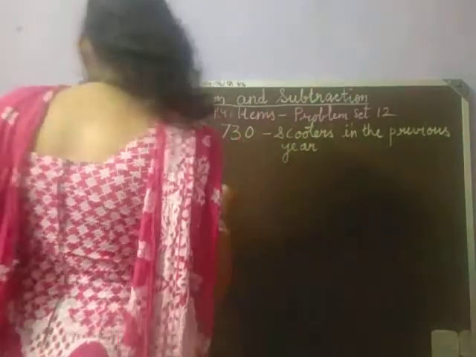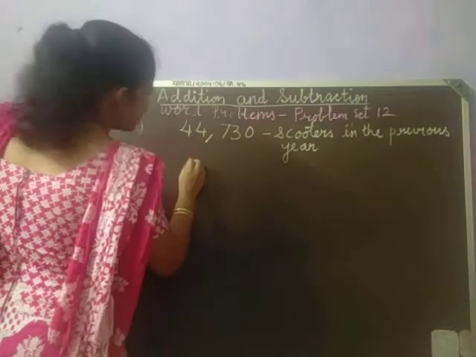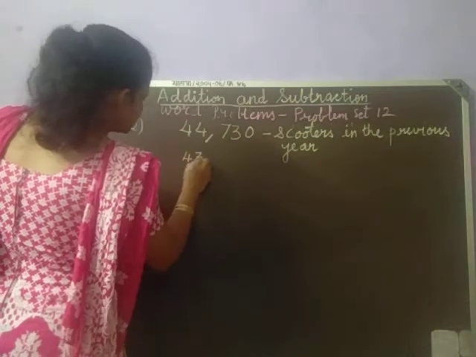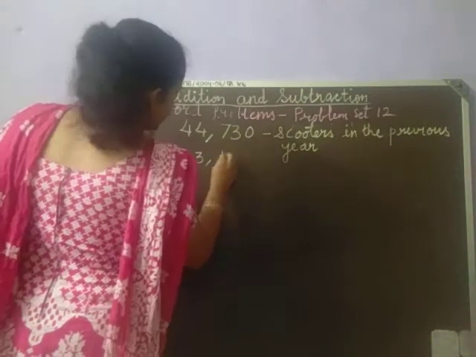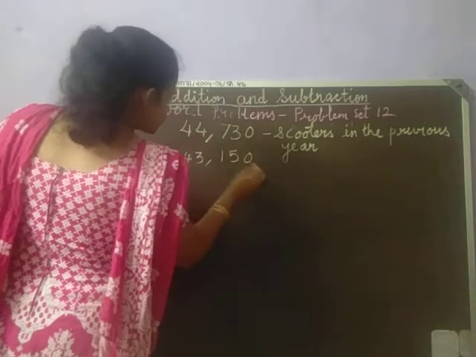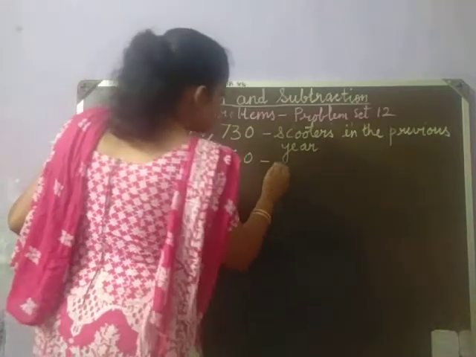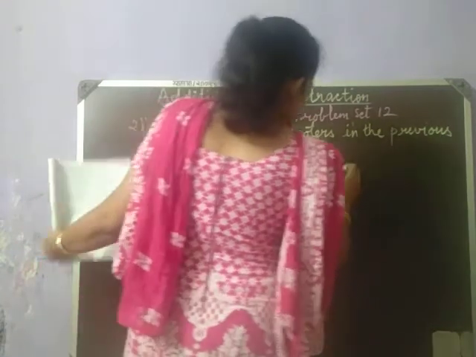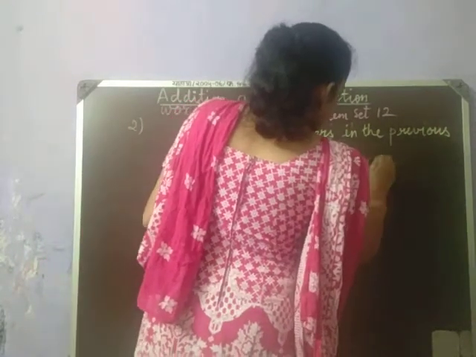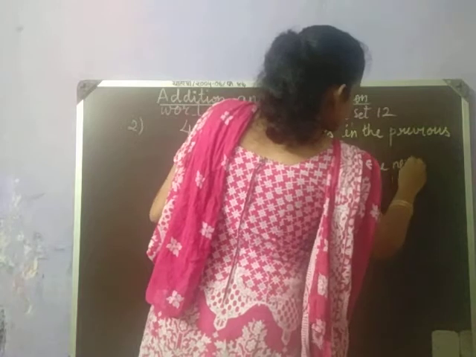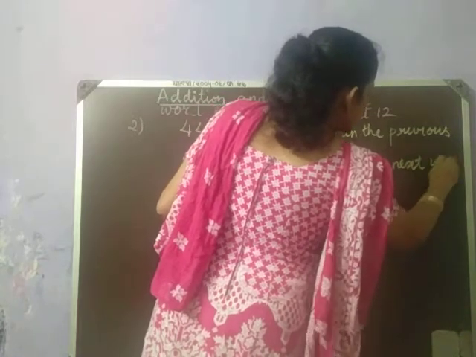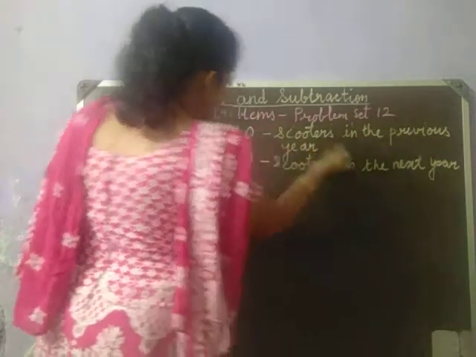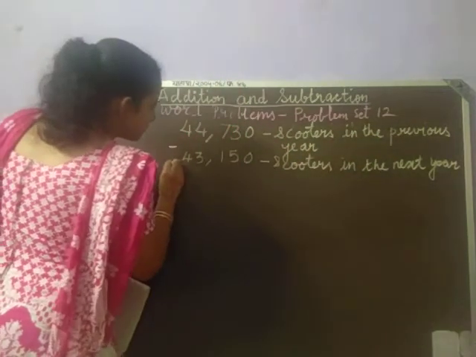And next year were 43,150 scooters. So let us find out how many scooters were more in the previous year by subtracting.